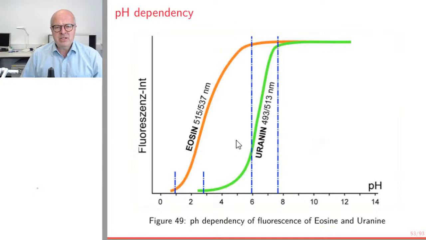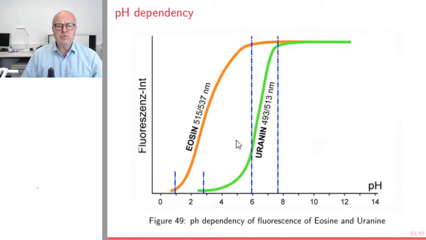Now the pH dependency of eosine is shown here, and you see a nice feature of this tracer: the pH dependency is lower. So we preserve the fluorescence at pH of 4 or 5, and this is very practical in several ways.